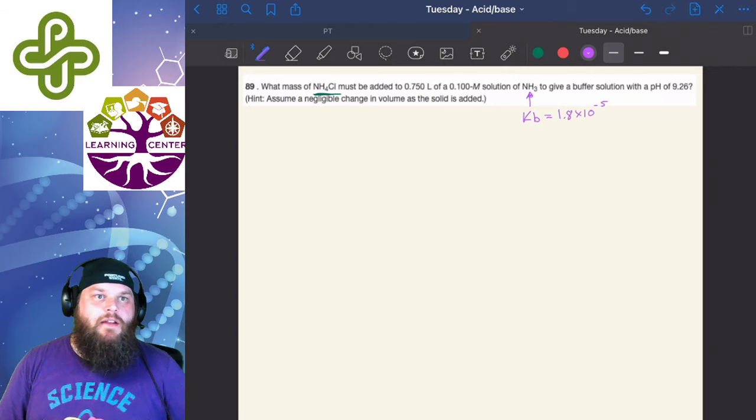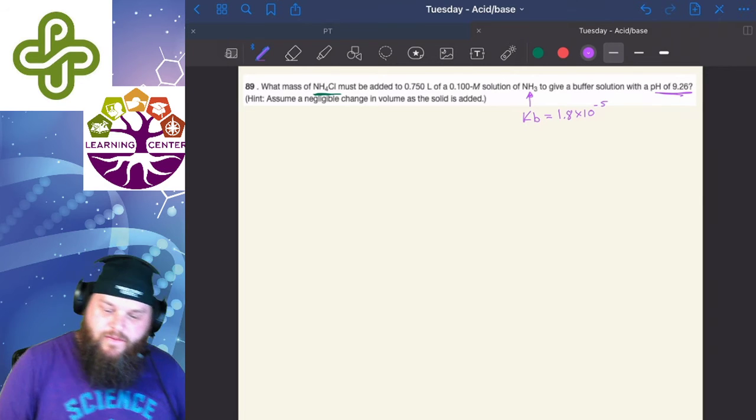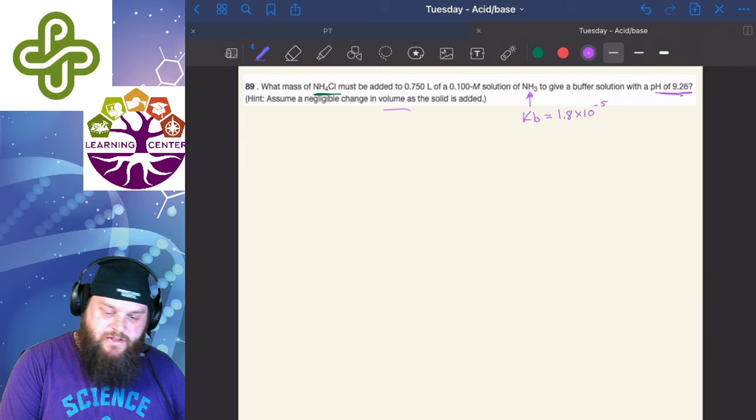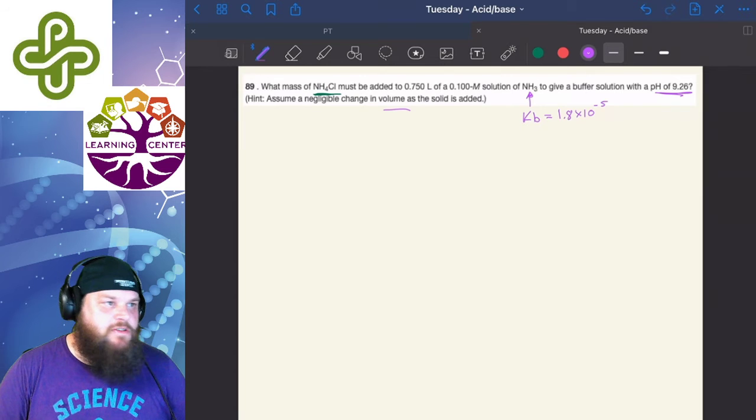And we're going to give a buffer solution of pH of 9.26. They say assume the volume doesn't change when you add the solid in there. So let's assume the volume doesn't change.